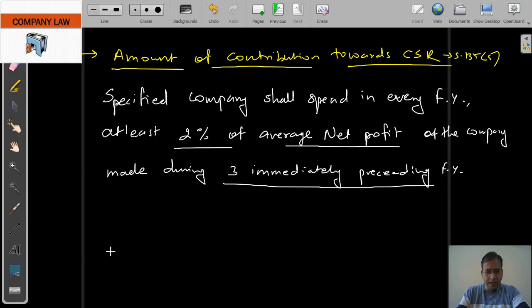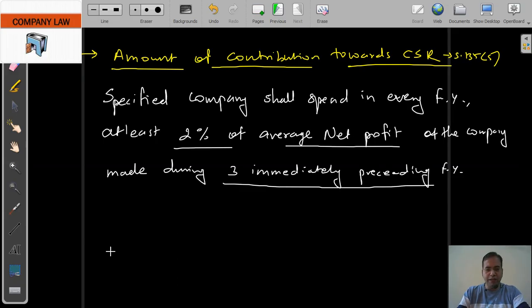So this is the way the amount of contribution should be incurred by the company. CSR activities, as I told you, should be from Schedule 3. The various activities relating to social work are noted there. Then the calculation of average net profit has to be done in accordance with section 198 of the Companies Act.